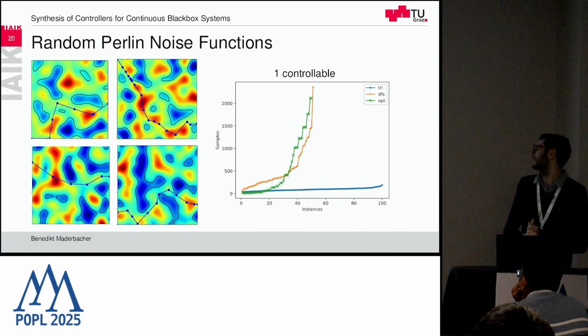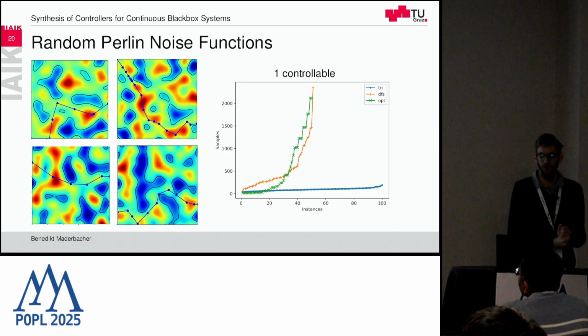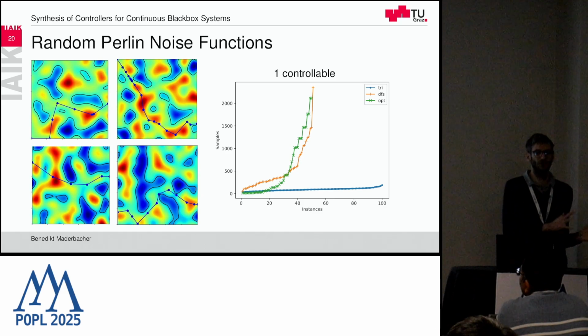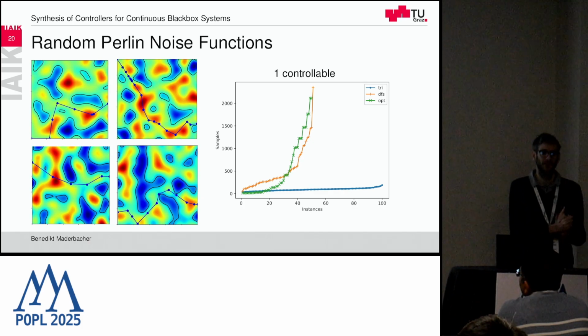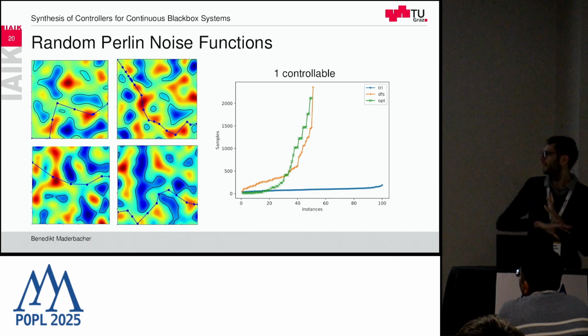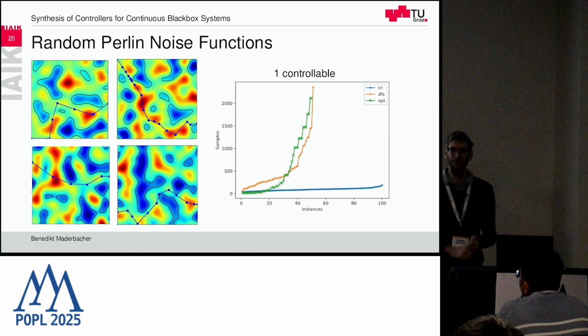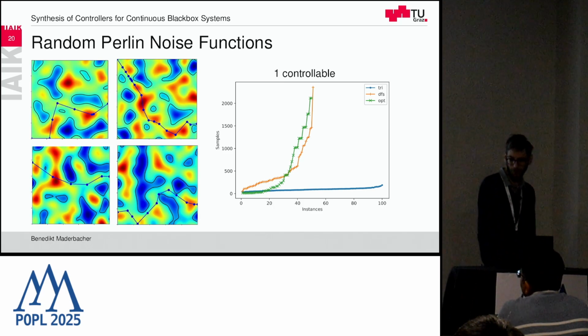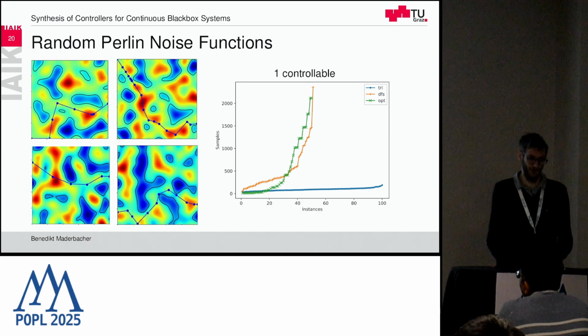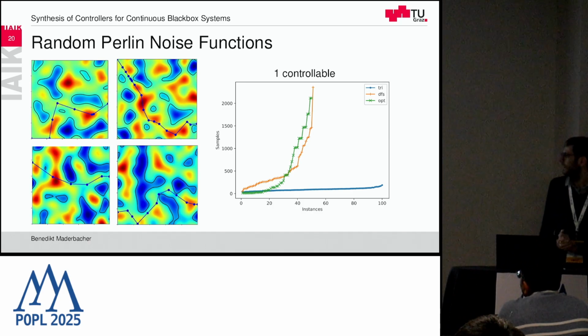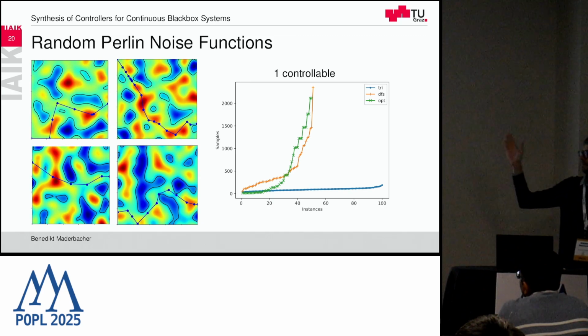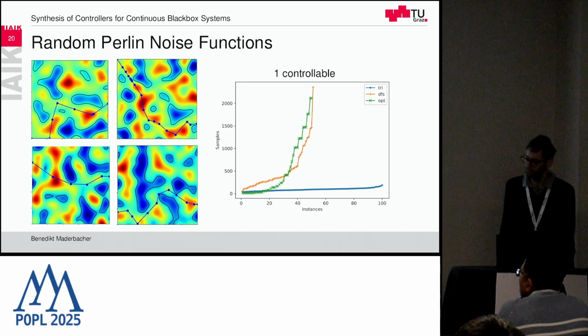So let's first look at the random examples. For this, we use this Perlin noise generator, which is originally from the computer graphics domain, which can give us nice random problem instances. And I plotted and showed you 4 of those here. So again, we want to find this path from left to right by doing just a few samples on this function.